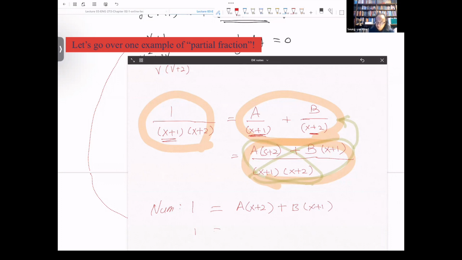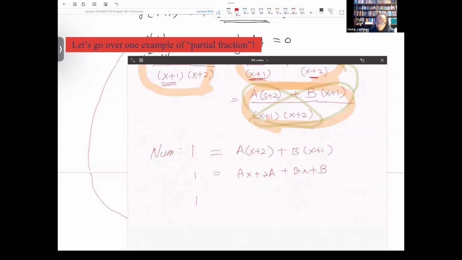So 1 equals ax plus 2a plus bx plus b, and 1 equals, I'm going to collect x terms together, (a plus b)x, plus constant terms together, 2a plus b.